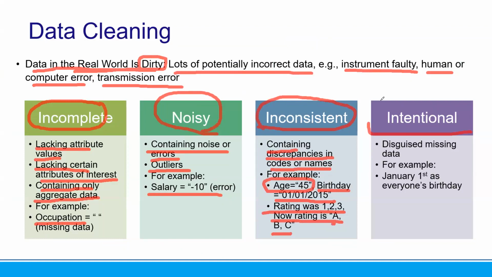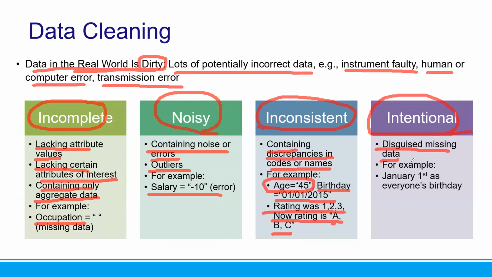There can be some intentional data. It is to disguise the missing data. For example, if you get the promotion, let's say the marketing person wants to know your birthday, but you do not want to share your information.